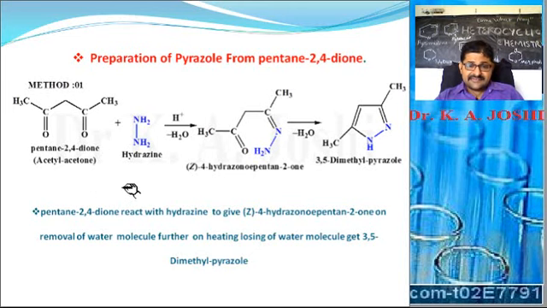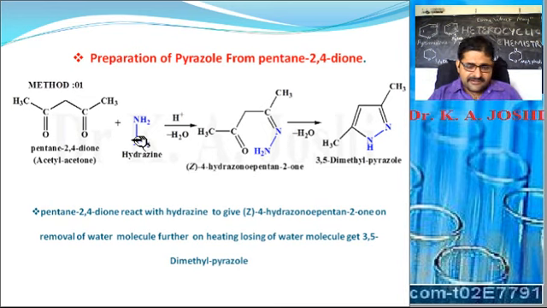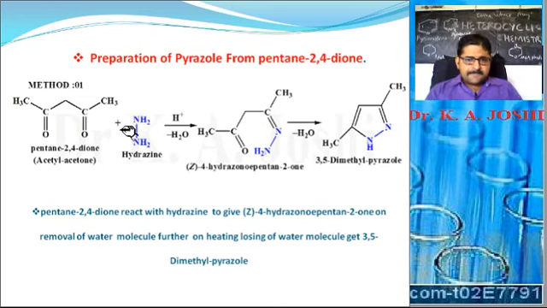Acetylacetone reacts with hydrazine, and on removal of a water molecule, we get the Z-hydrazone of pentan-2-one. Z is a notation; E and Z, you know very well. Z is from Zusammen, like cis or trans type compounds. So it is Z. Look at this, friends.